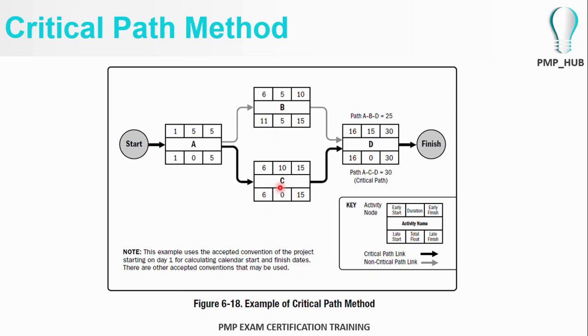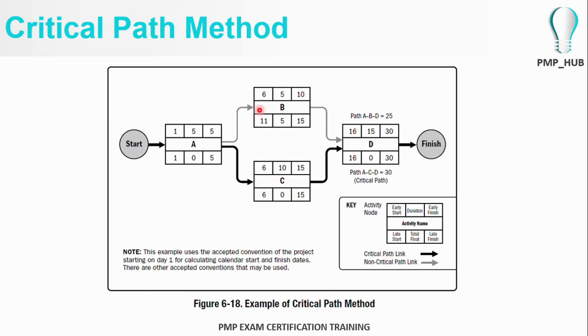Since C depends on A's output, and the latest start date of activity C is day 6, the latest finish date of activity A should be day 5. So activity A must finish by day 5 in order for C to begin at its latest start date.